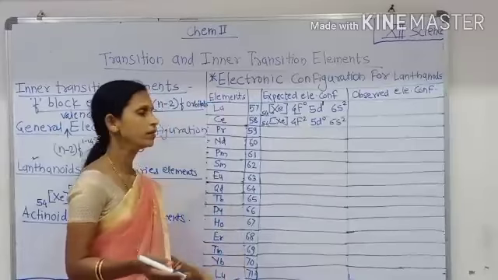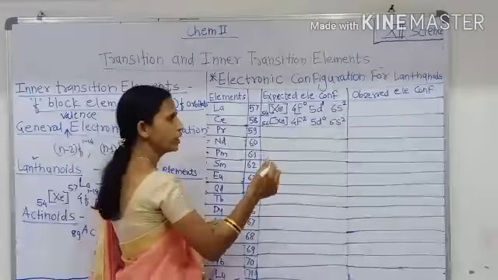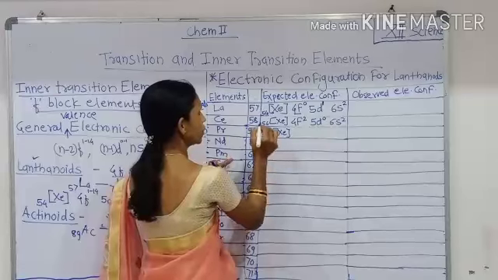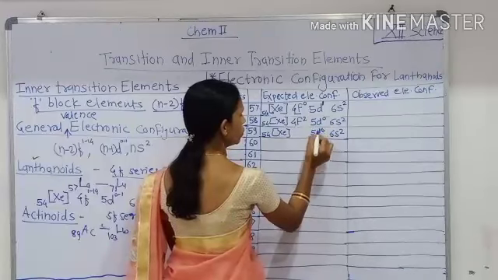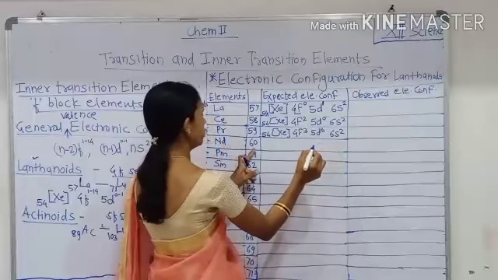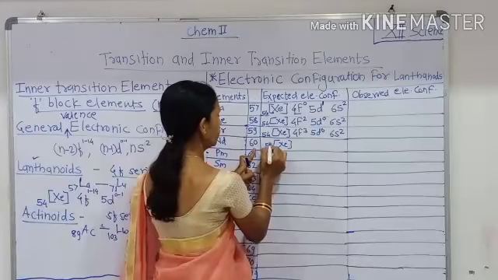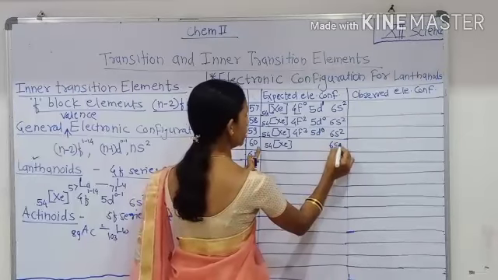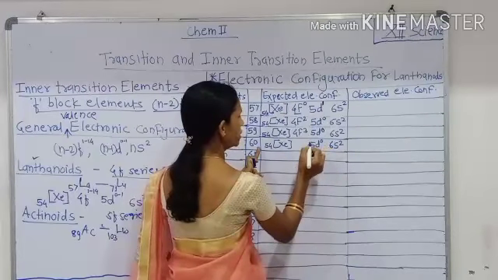Similarly, we can write the electronic configuration for all the next elements. According to the rule, praseodymium is xenon 54, 6s2, 5d0, 4f3. Then neodymium, having atomic number 60, is xenon 54; of the remaining 6 electrons, 2 enter into the 6s orbital and the 5d orbital is empty.